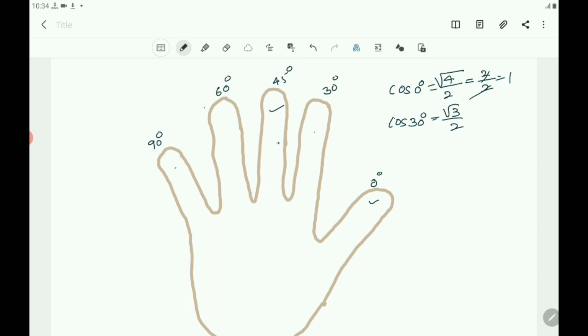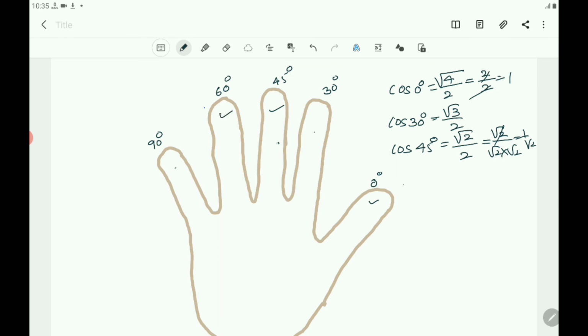For cos 45 degree, there are 2 fingers. So you write root 2 by 2 equals, you write root 2 by root 2 into root 2, you will get 1 by root 2, as root 2 cancels.